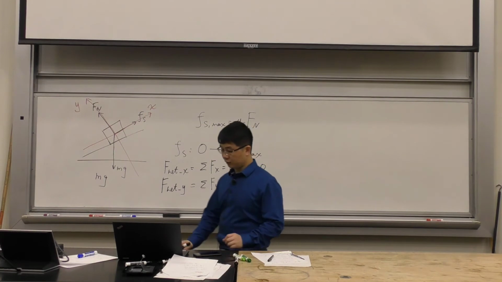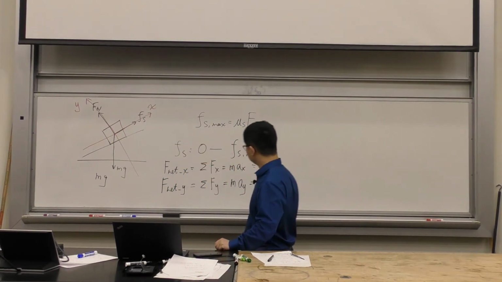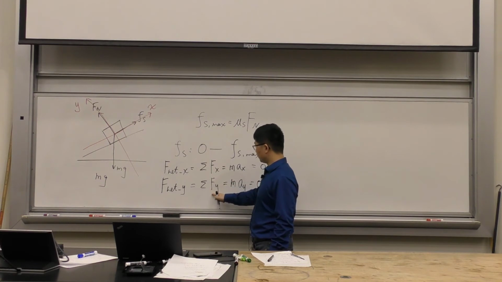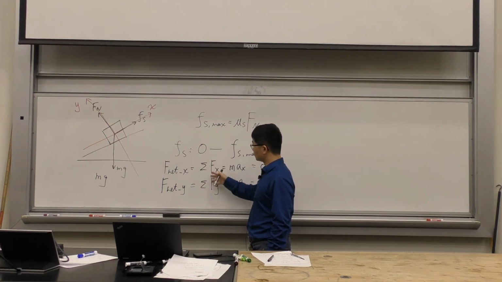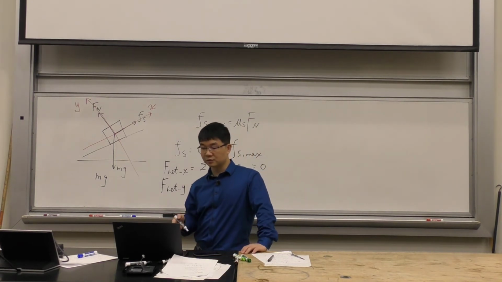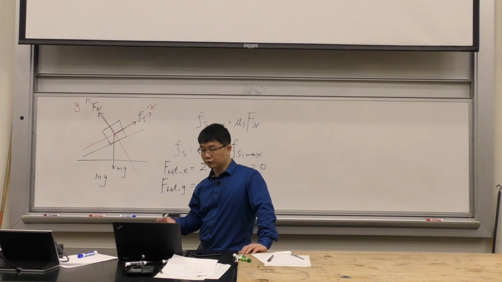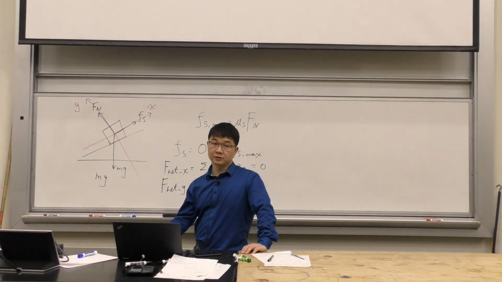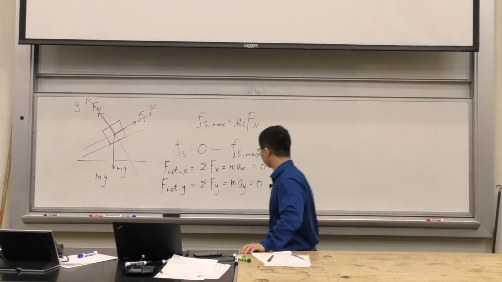Now I can find the x components and the y components, put them in these 2 equations and see how we can find the mu s. Remember, don't forget what we're doing. We want to use this as an experiment to find the mu s. I want to show you how to find this mu s in a real experiment.